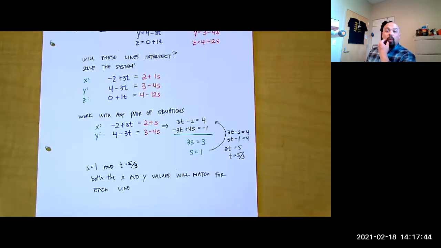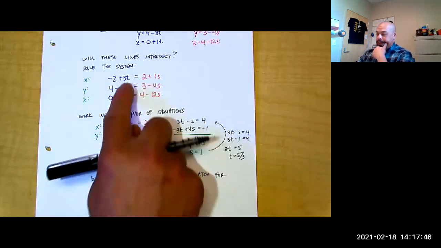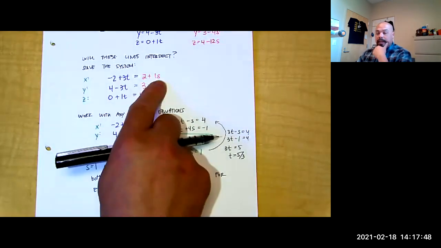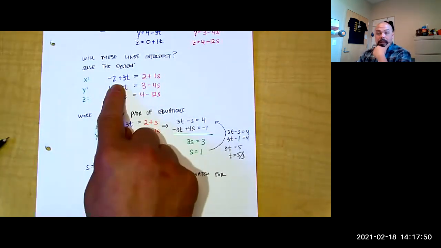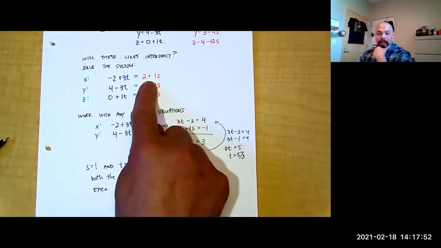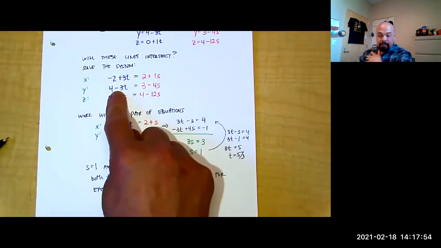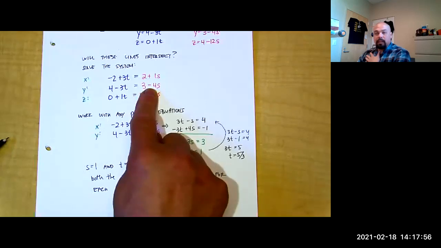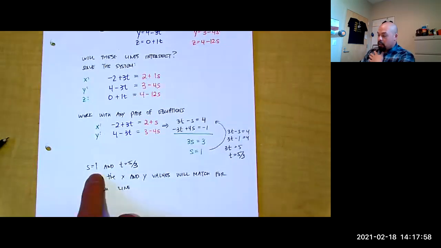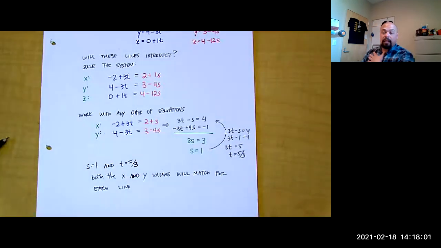The x and the y components will coincide. The x value from line 1 will be the same as the x value on line 2. The y value for line 1, the same as the y value on line 2. With those plugged in, you can check. I'll leave that to you.